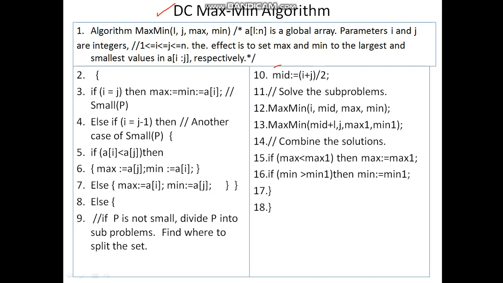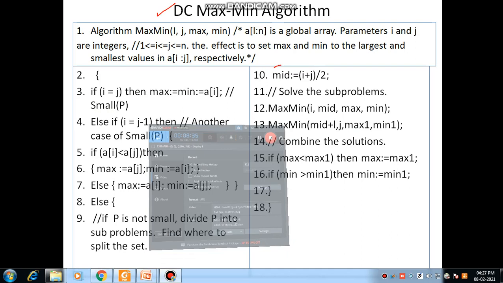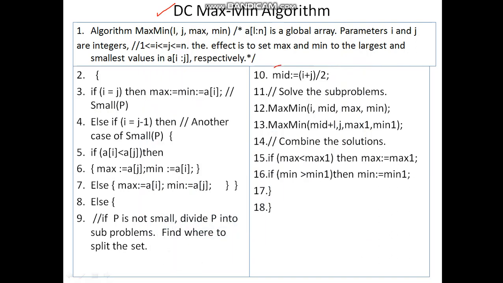So here is the algorithm maxmin. I is the low index, J is the high index, as we have considered in the previous one. Max is the maximum value and min is the minimum value in this particular range from I to J. A of 1 to n is a global array, and parameters I and j are integers.